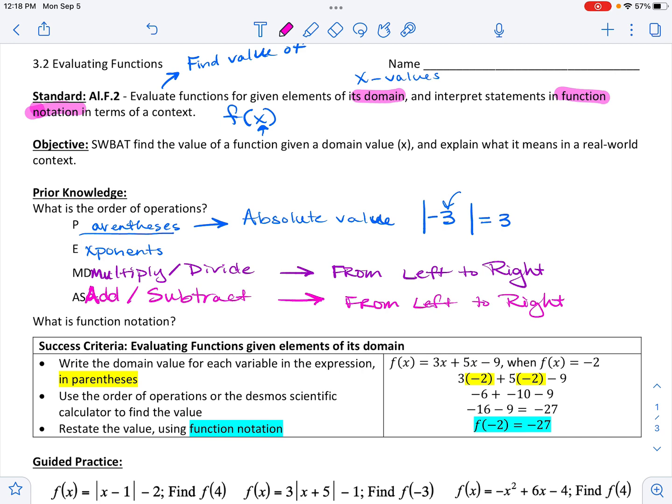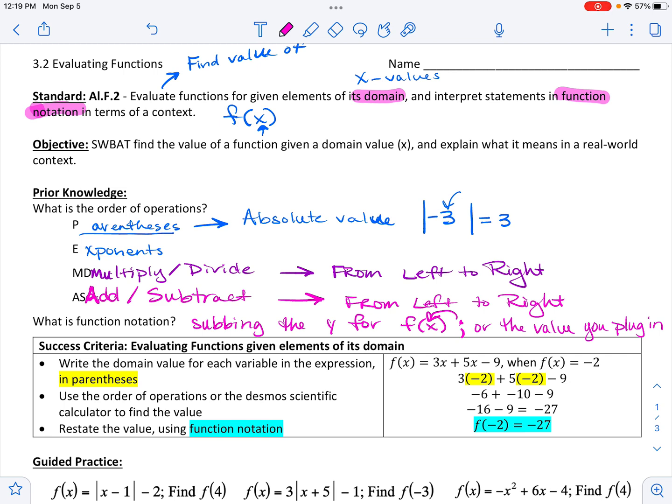So what is function notation? What it means is we are substituting the y for f of x. And then you can also put the value you plug in into the parentheses.